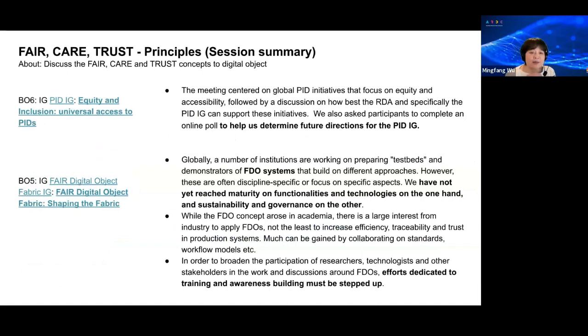The third one is about PIT. The PIT interest group talked about equity and inclusion for all to access the PIT. They asked participants to complete an online poll to help determine future directions for the PIT interest group.